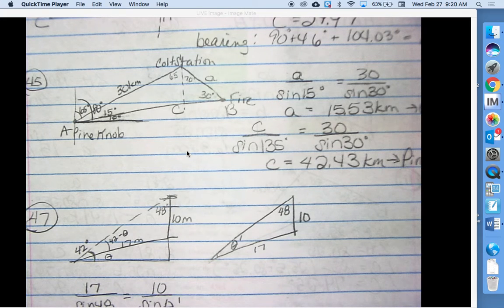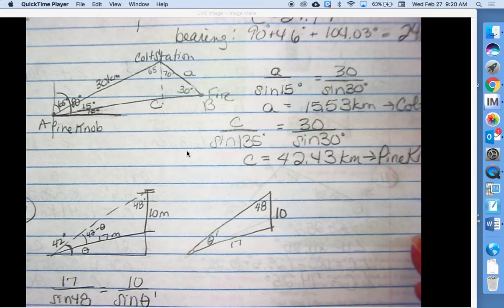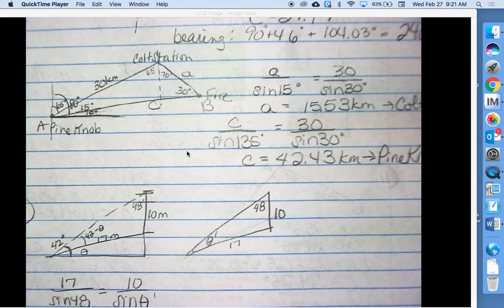So the tricky part with 45 was trying to get the angle inside, and that would be using the alternate interior angles fact again, to get the inside 65 from the outside 65 of the bearing, so that you could find that 15 degree angle. Questions?